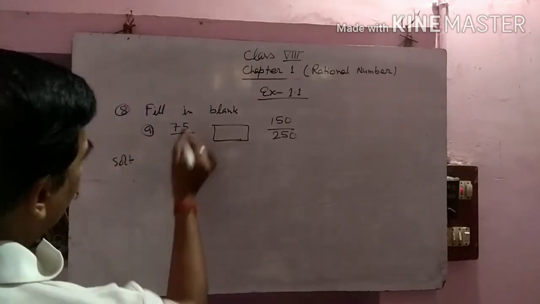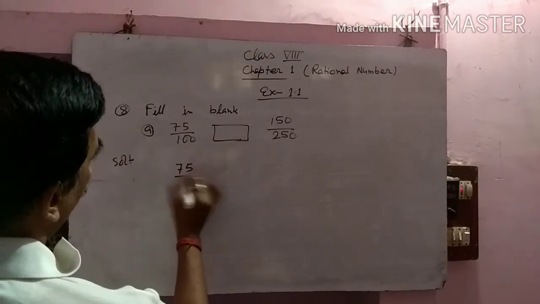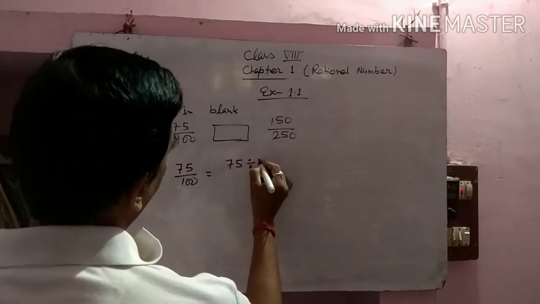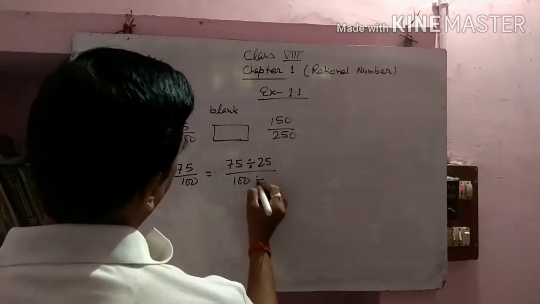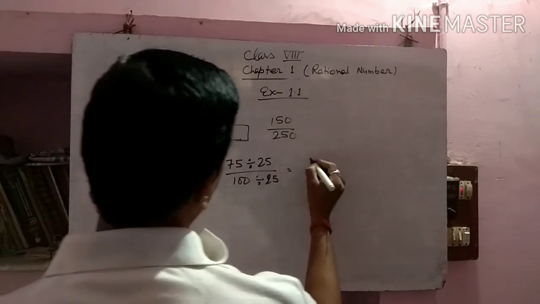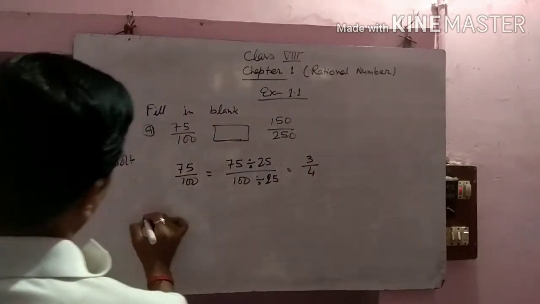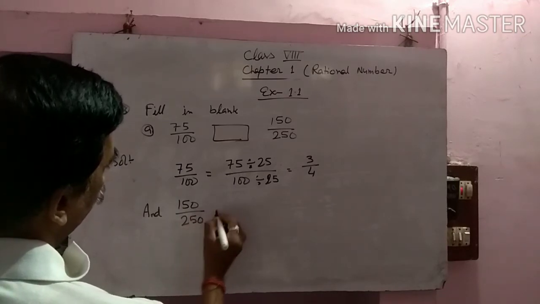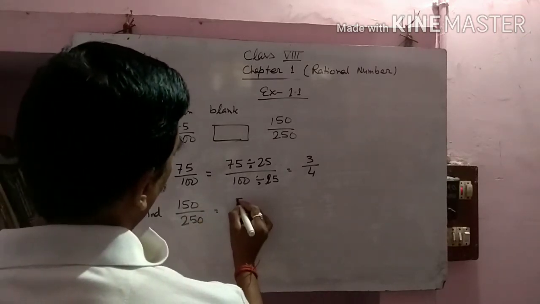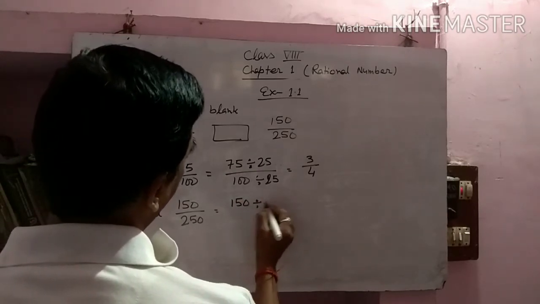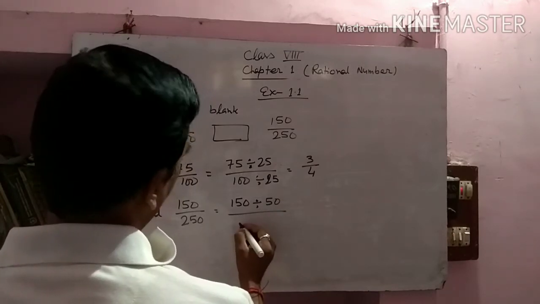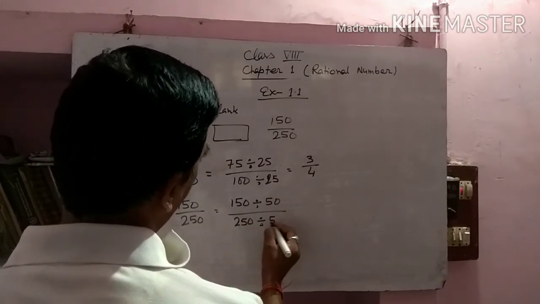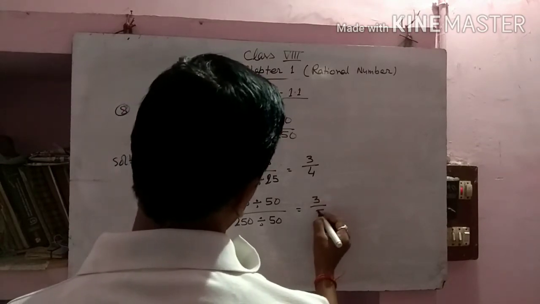Okay, so if we divide 75 by 100, it is equal to 75 divided by 25 and 100 divided by 25, it becomes 3 by 4, and 150 by 250. 150 is also divided by 50, means numerator and denominator both are divided by a common number, which is 50, so it becomes 3 by 5.